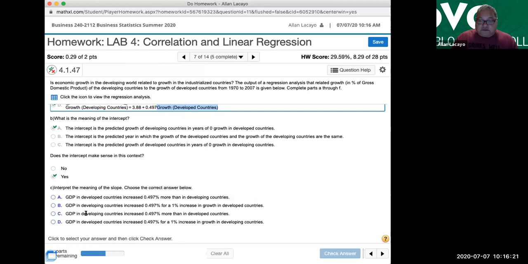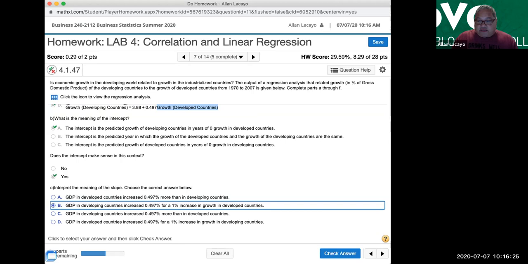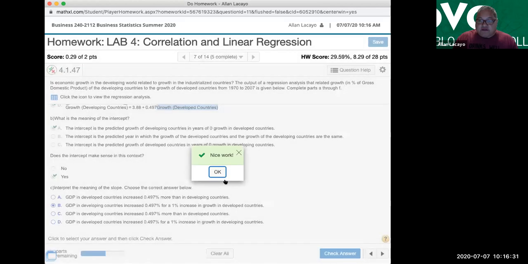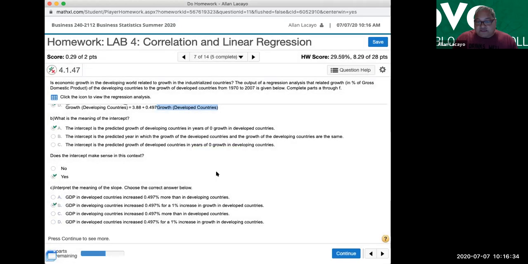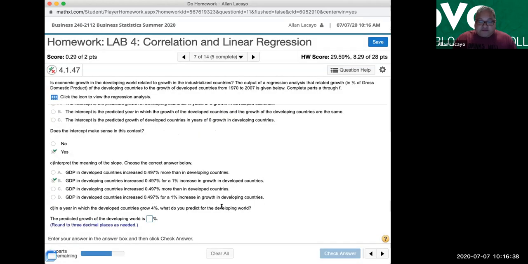So when the GDP in developing countries grows by 0.5% due to a 1% increase in a developed country, or not necessarily due to, as in a cause and effect growth. But here comes the first interesting problem.